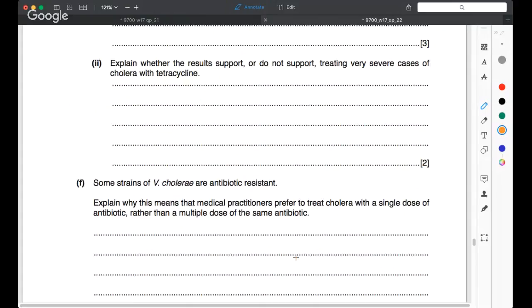And with 1 gram and the multiple dose, the point of the patients having no diarrhea is reached twice as fast. Good, you pick up the first one.